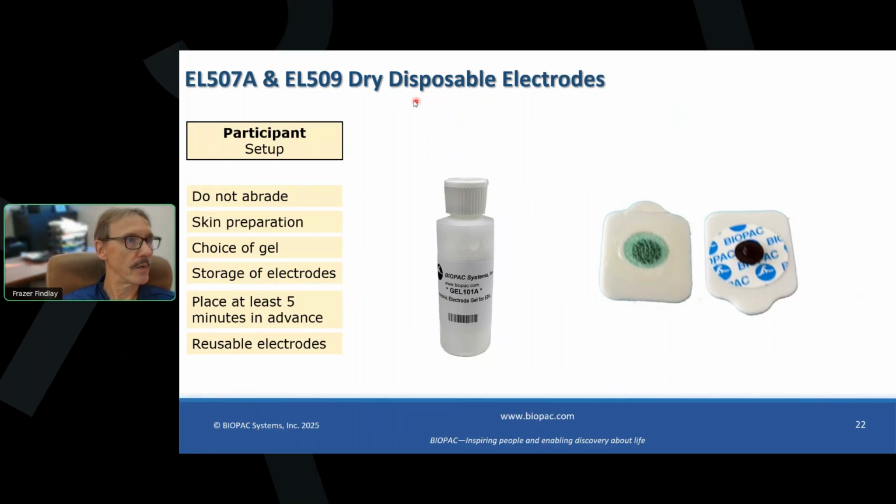You'll notice that we regard these as dry electrodes. In the purest sense of the word, they're not dry because you do have to add electrode gel. When you peel them off the tray, the little sponge in there does not contain gel. So you just have to add a small pea-sized amount of gel.